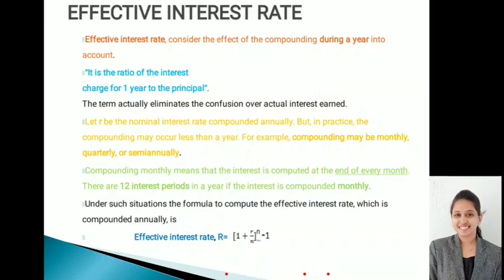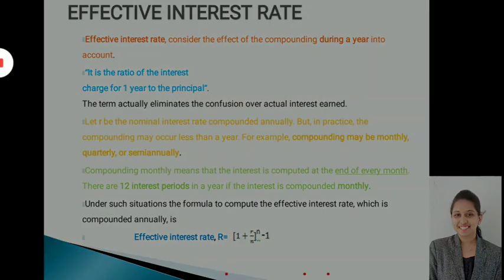This formula gives the effective interest rate without referring to the principal amount. Here r is the nominal interest rate, and n is the number of compounding periods in a year. Now we'll see various examples and the detailed concept of these nominal and effective rates of interest.